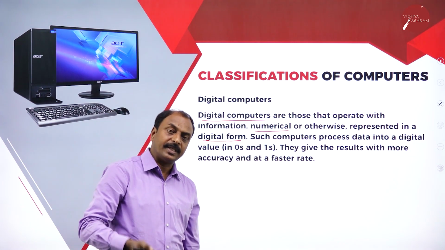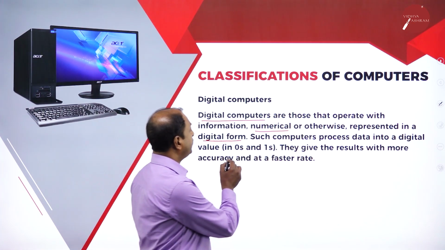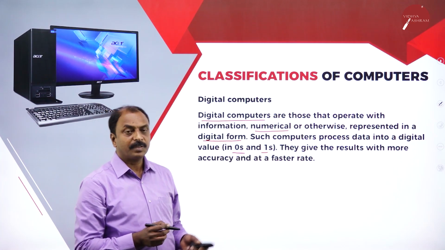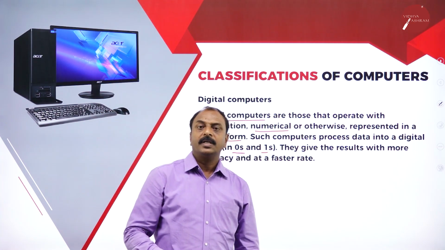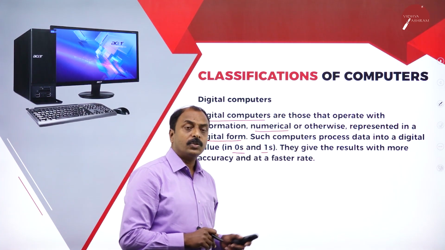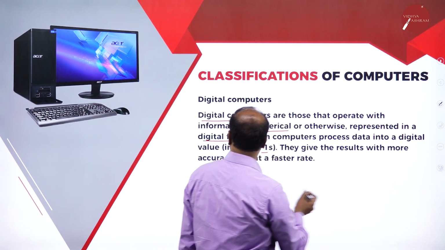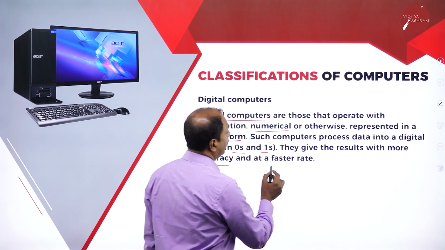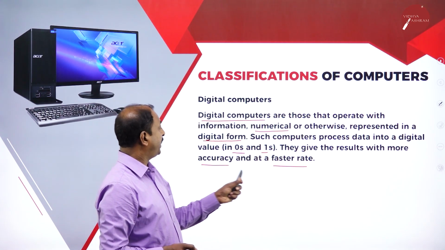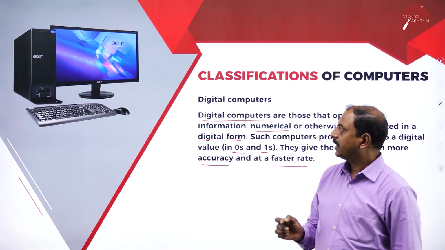We represent all data and information in the form of digits, called zeros and ones. These digital computers work with numbers, zeros and ones, so they are called digital computers. They give the result with more accuracy and at a faster rate. So it works very fast, and it gives us accurate results.